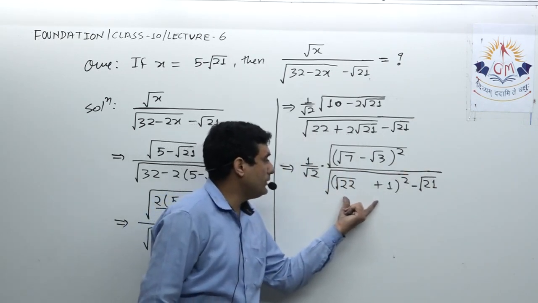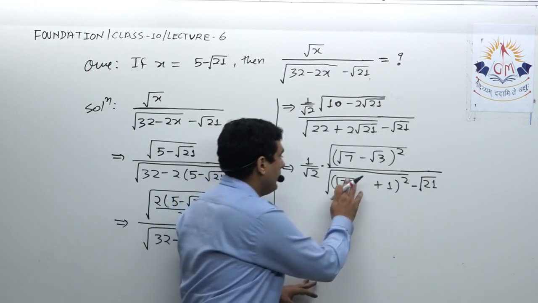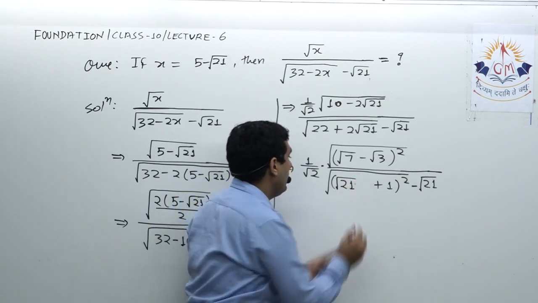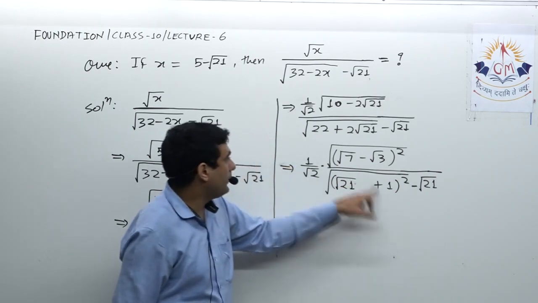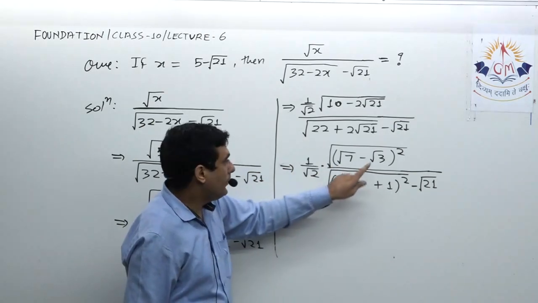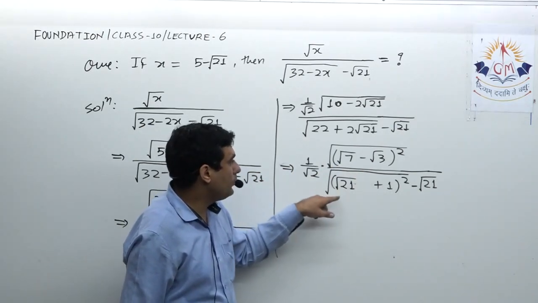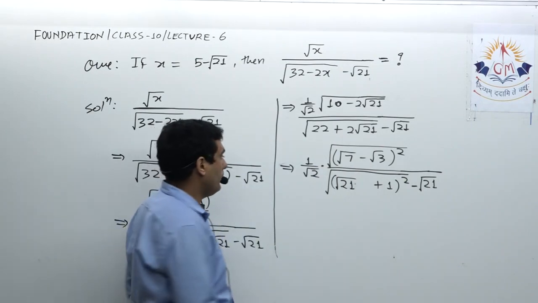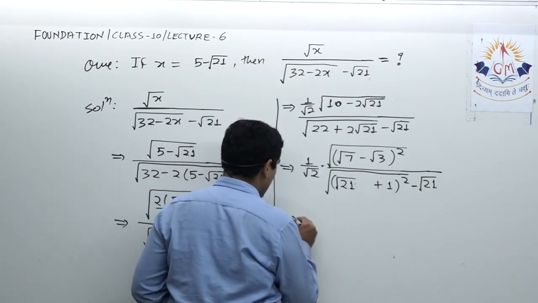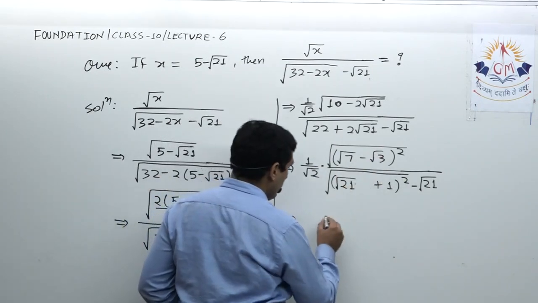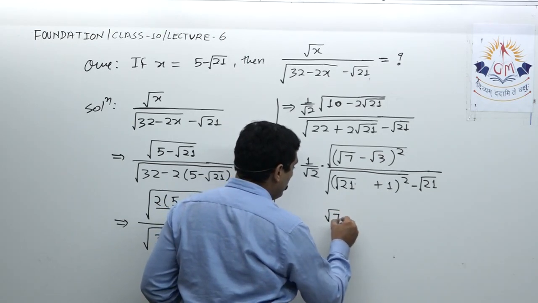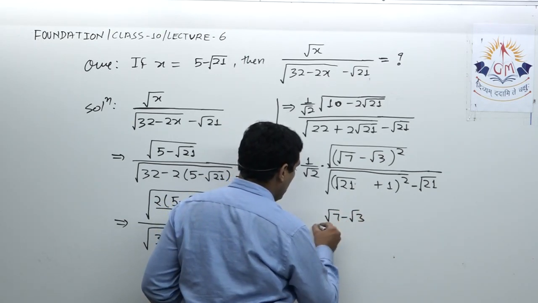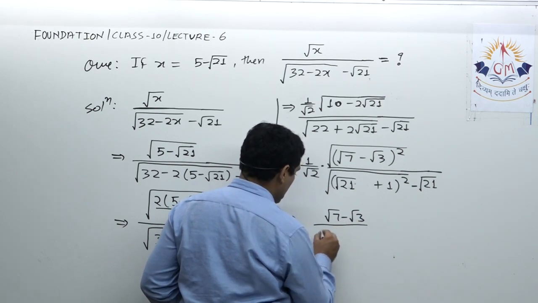If you want to check it, a square is root 21 squared, b square is 1, that is 21 plus 1, plus 2ab, so 2 into root 21 into 1, that is 2 root 21.